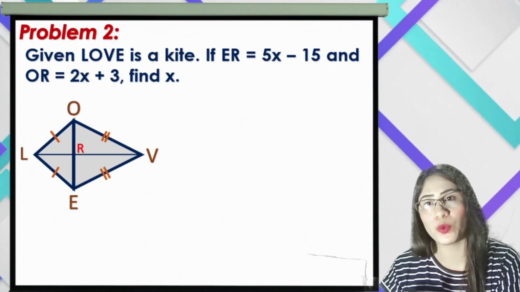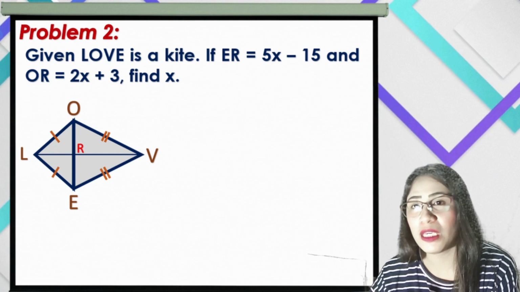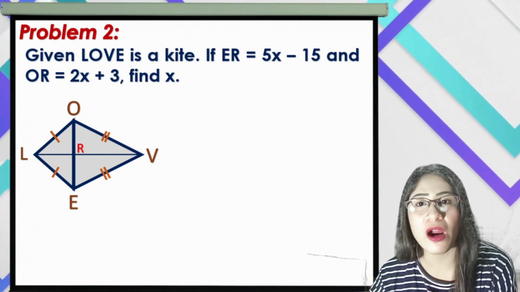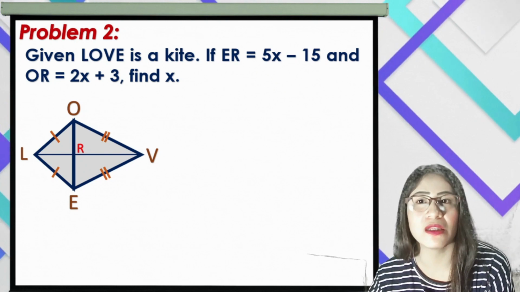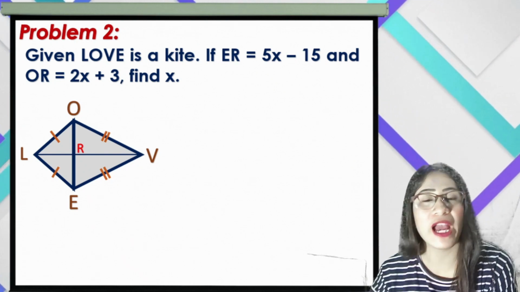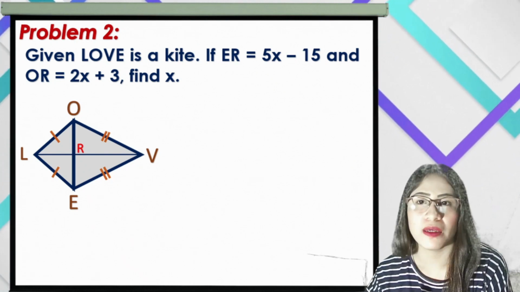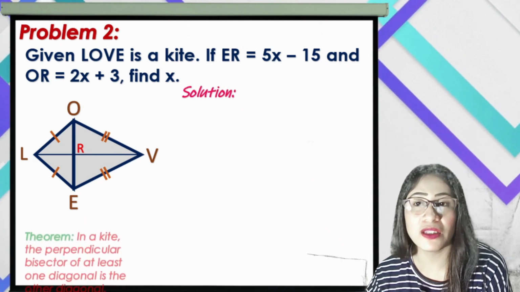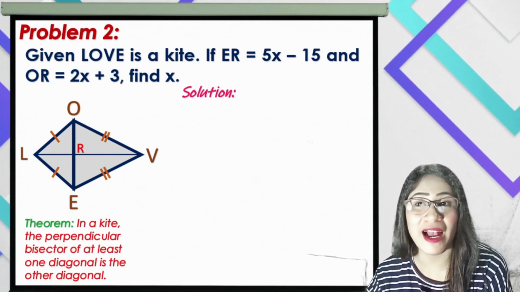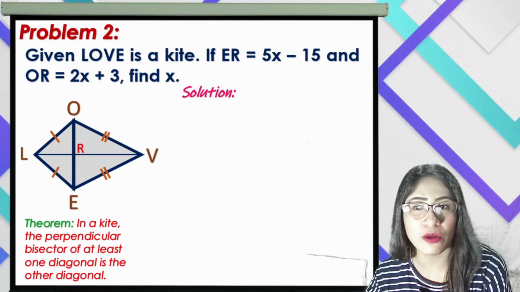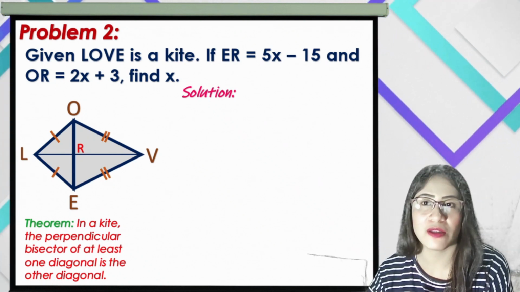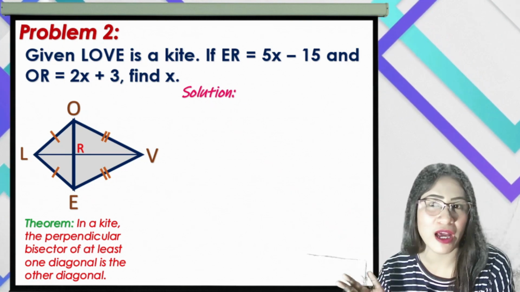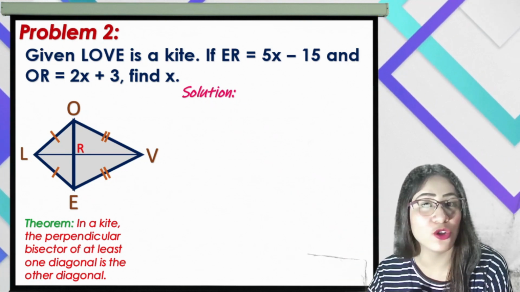Problem number 2. Given LOVE is a kite, if ER is 5x minus 15 and OR is 2x plus 3, find the value of x. In this problem, the theorem involved is: in a kite, the perpendicular bisector of at least one diagonal is the other diagonal. So the longer diagonal bisects the shorter diagonal.